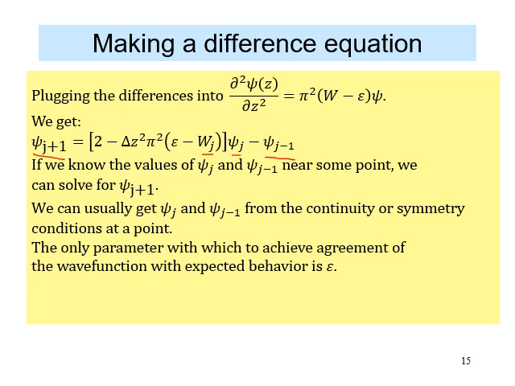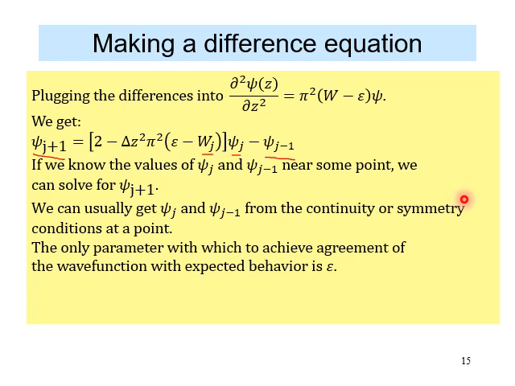If we know two values near some point, we can solve at another nearby point. And once we know j plus 1, we can use that and j to solve for the next point and the next point and the next point. So if we can supply two guesses to start our calculation, then we can calculate the wave function everywhere.